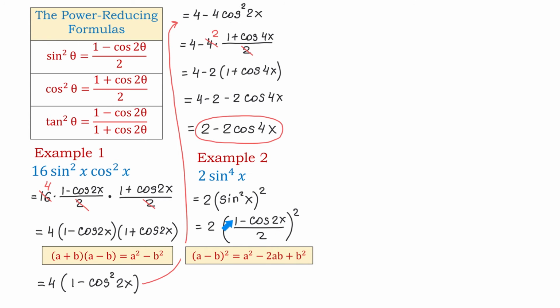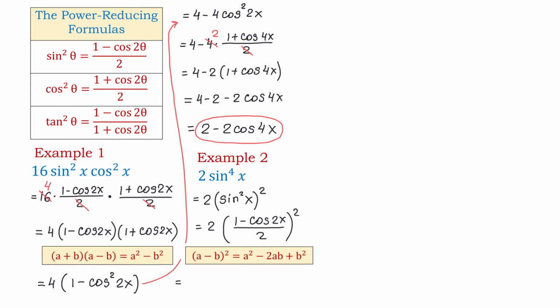Now, in the numerator, we have a difference of two expressions, and to raise it to the second power, we will use the following formula. A minus b squared equals a squared minus 2ab plus b squared.